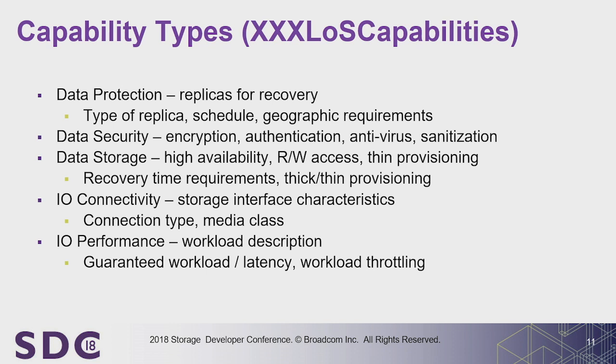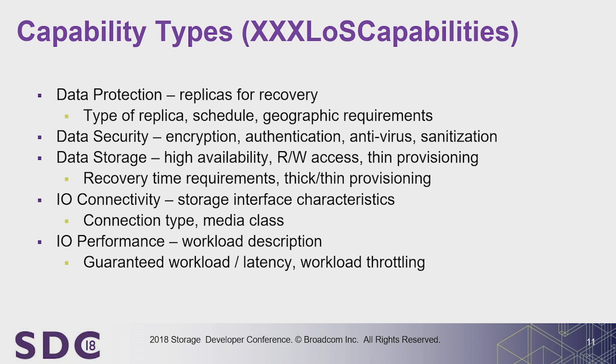Security is things like encryption capabilities, authentication, antivirus annotation. Data storage is where you'd specify high availability capabilities, thin provisioning capabilities. Is a system capable of thin provisioning? And recovery time requirements.